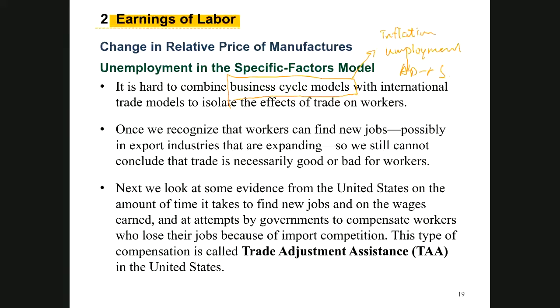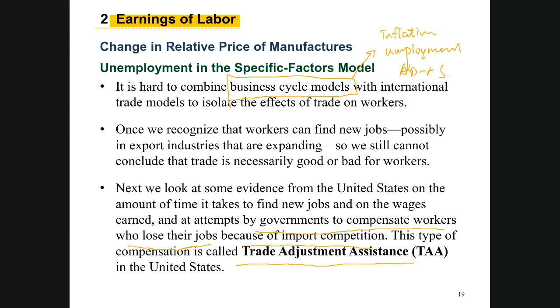But we do know that the labor market is affected by the trade market. So let's take a look at the meaning of Trade Adjustment Assistance, TAA. Like I said before, Trade Adjustment Assistance means the government tries to compensate workers who lost their jobs because of import competition. You can see this a lot in the daily news, right?